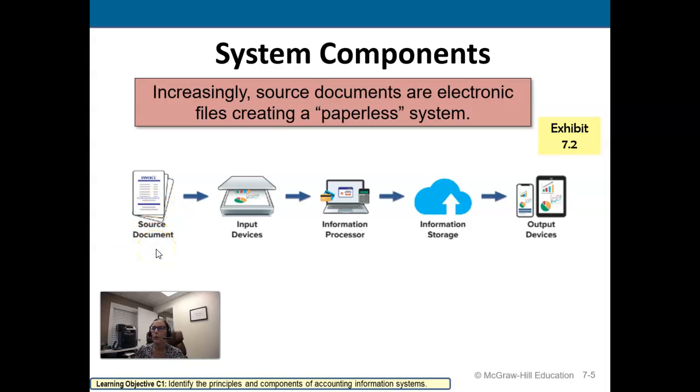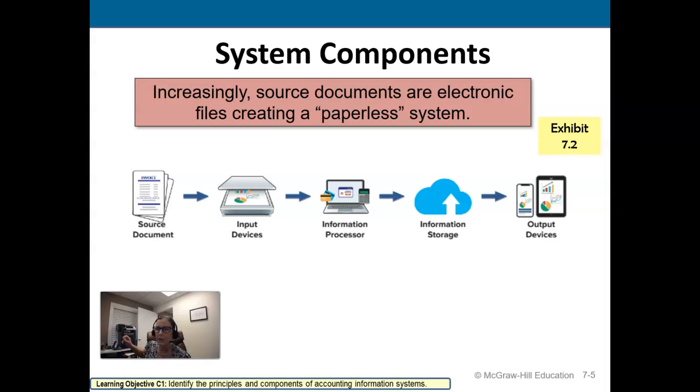This seems so rudimentary, it's almost laughable at this point to even talk about what this is. But few systems operate anymore being reliant, I should say, on paper. But to the extent that paper starts off the transaction, that paper goes into an input device.